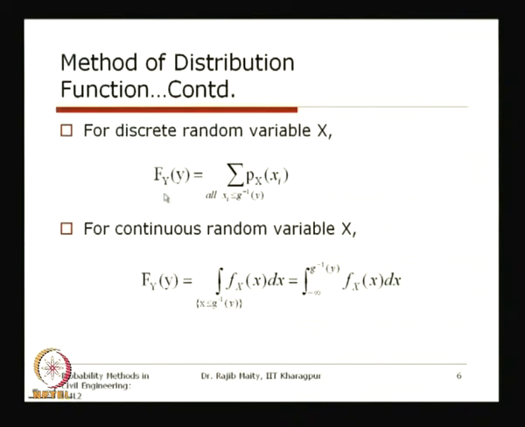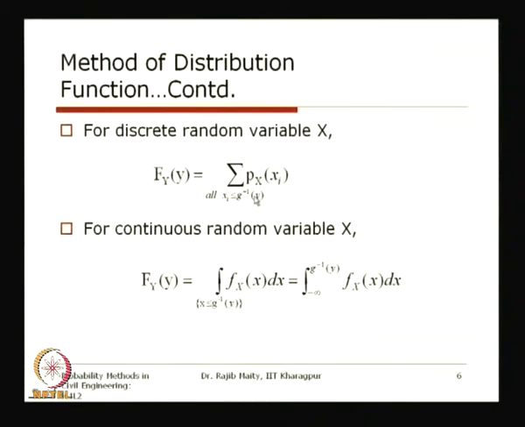So, for the discrete random variable x, F_Y(y) is equal to the summation of the probabilities of x_i for all such x_i which are less than g inverse of y. The g inverse of y means the inverse function of the functional relationship between x and y.